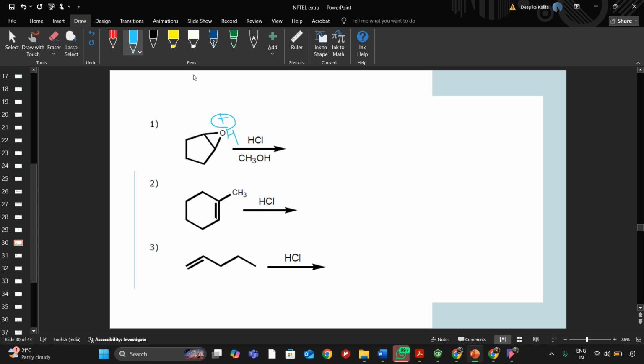Similarly, for this molecule, proton extraction is going to happen by the double bond, and we get a more stable carbocation formation here. After that, chloride from the solvent is going to trap this carbocation to get this product.